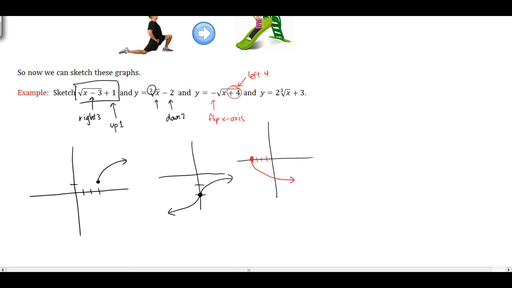And last but not least, looks like I put in some other gross stuff. Looks like I have a stretch. Now it's on the outside, so that's a vertical stretch of 2, and that's really hard to sketch. And this is on the outside too, so that's an up 3. So when I go to graph this bad boy, stretching first.